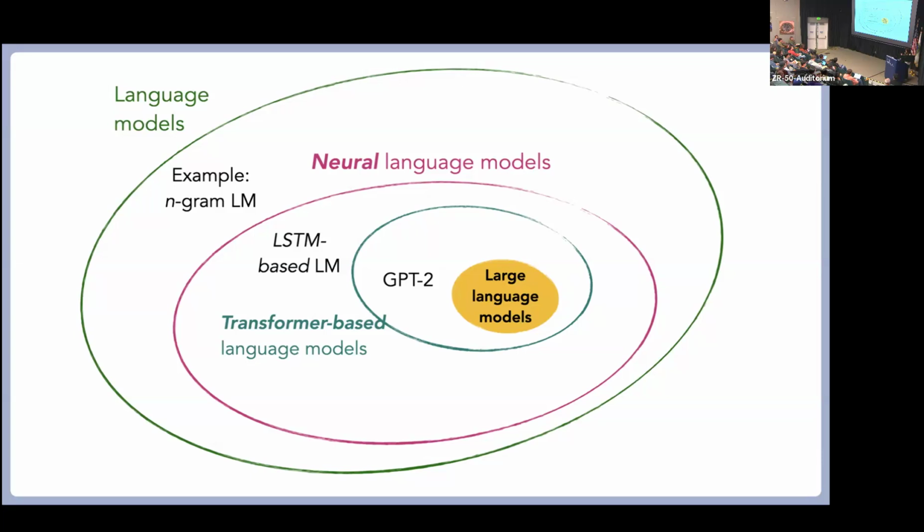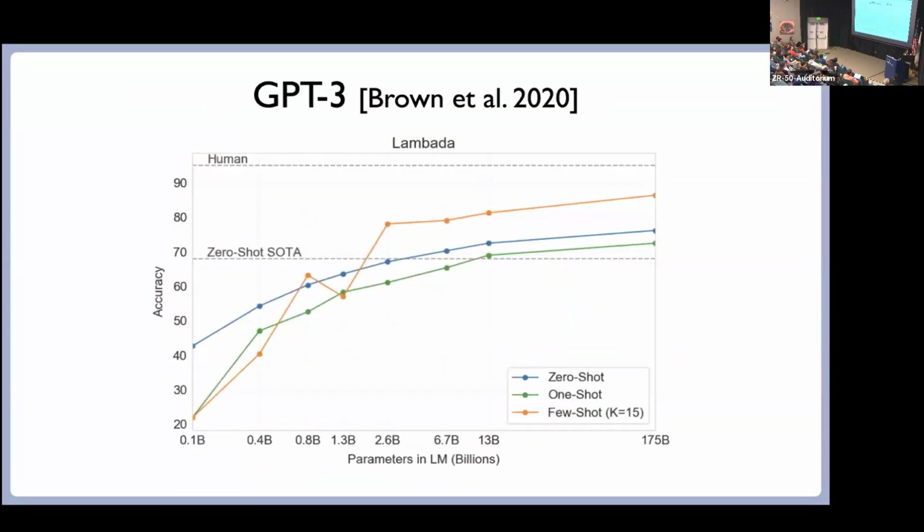I mentioned that large means they're large in size, but what does it exactly mean? The concept of large language models was probably first established when GPT-3 from OpenAI came out in 2020. What they showed is a graph like this, where the x-axis is the size of the model, typically the number of parameters, ranging from 0.1 billion to hundreds of billions.